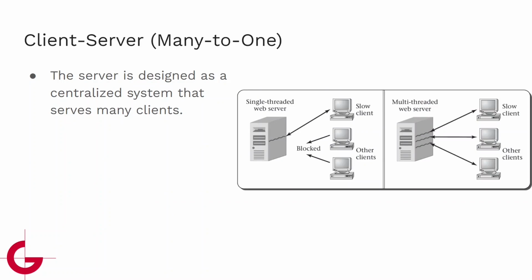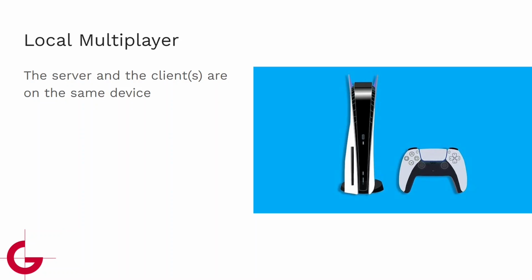The client-server architecture is more common for online games because the server is designed as a centralized system that handles every client. And this is a lot better for online games because we can prevent cheating and do a lot more this way. And of course, we talked about local multiplayer. It's very straightforward. We just have one device and multiple input devices.